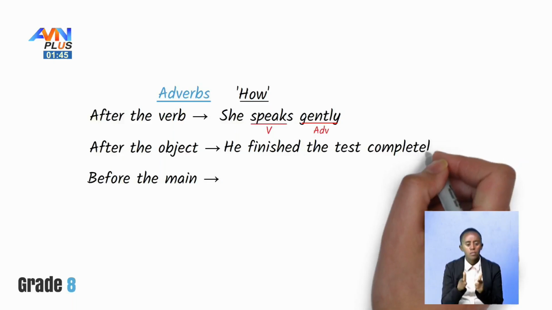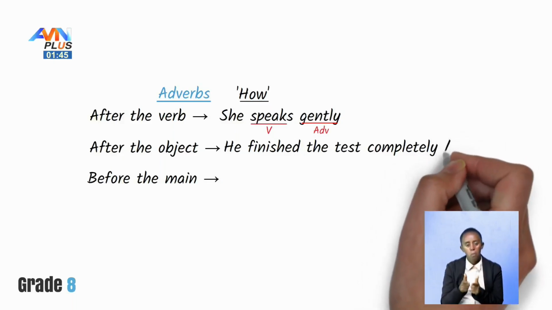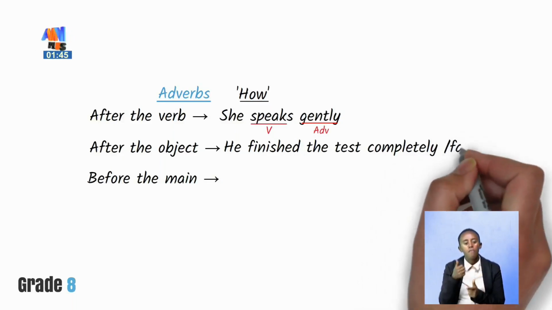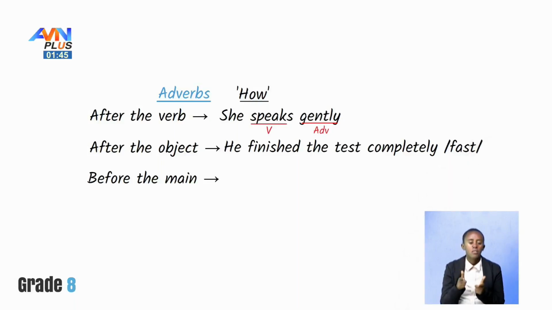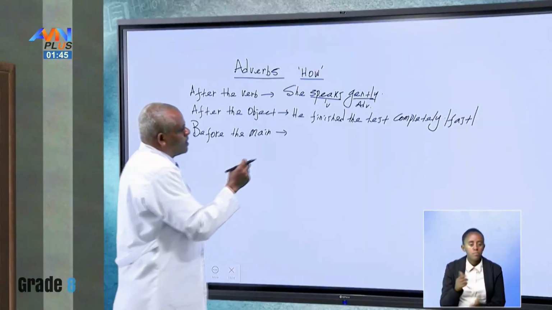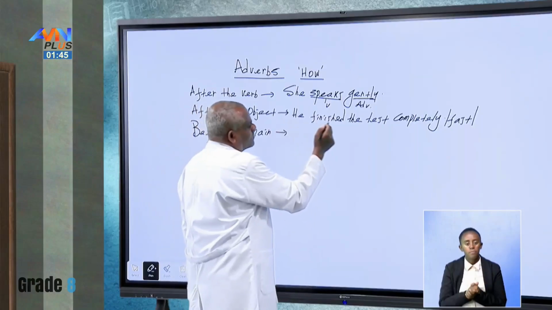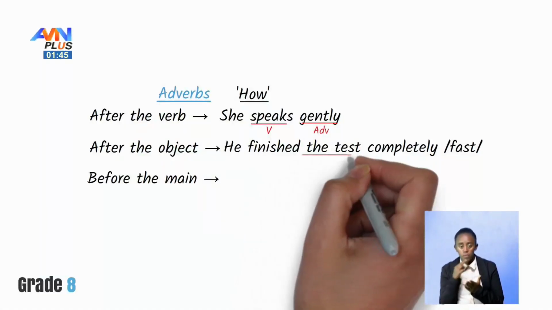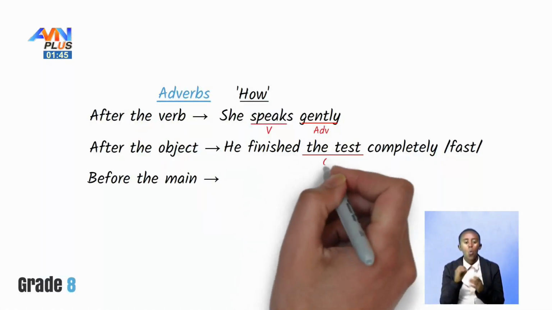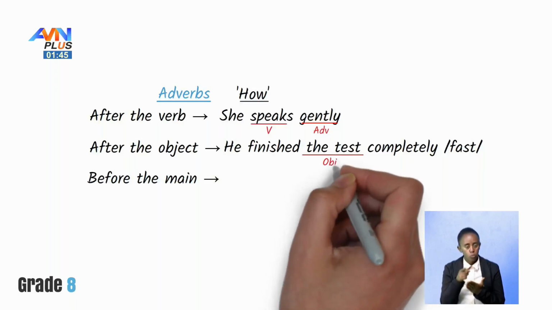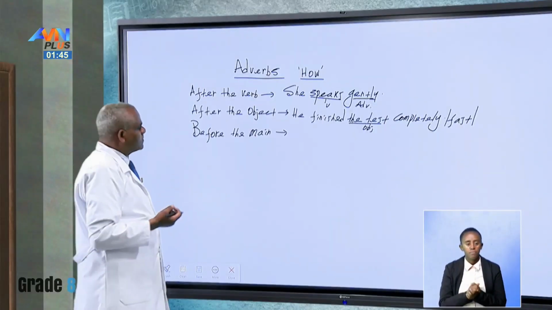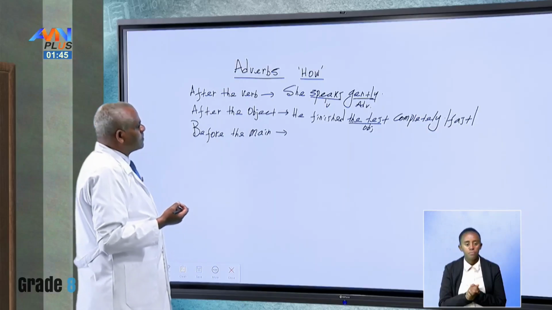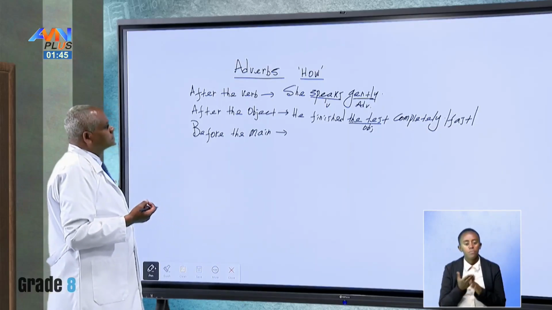It's not only completely. He finished the test fast. Don't say fastly, only fast. So here you have subject, verb, and the test, which is an object. This is the meaning. So you are welcome to use an adverb after the object. Very simple example.